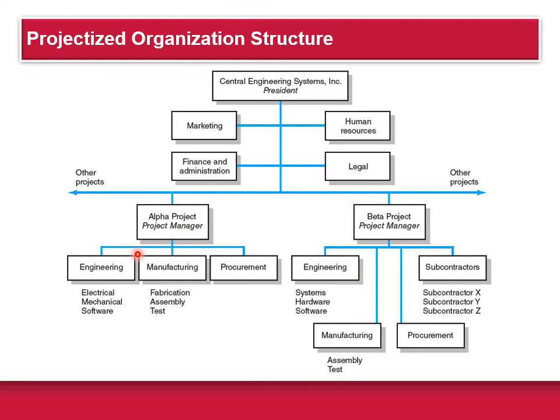The alpha project manager has its own engineering, manufacturing, and procurement, and the beta has the same. And the structure may look different depending on what the project is. And these traditional business organization structures mainly exist to support all the different projects.